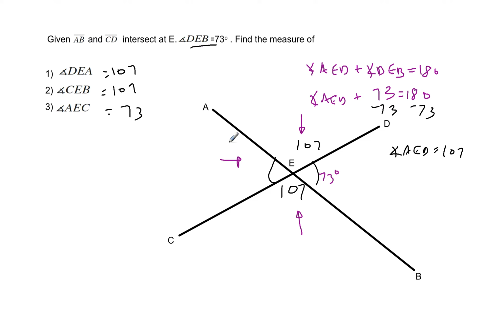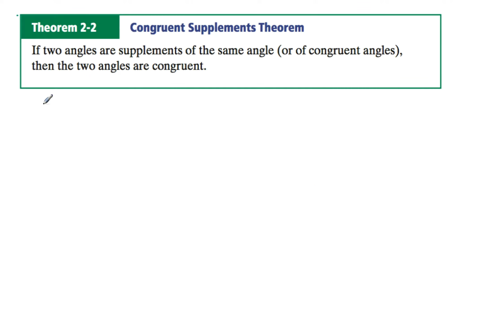Well, let's see what we got. It looks like DEB is 73, and it is supplementary to AED. And DEB is also supplementary to CEB. So therefore, what do we know? Well, we know that if two angles are supplements of the same angle, then those two angles must be congruent.